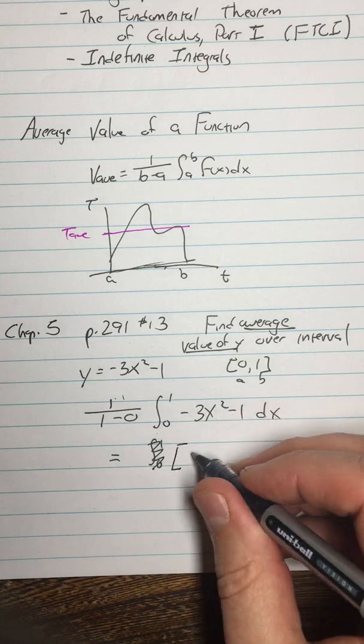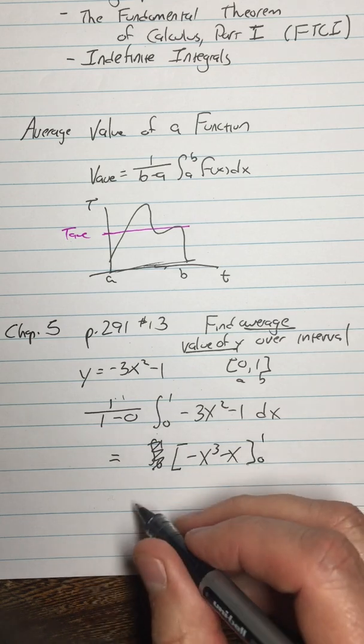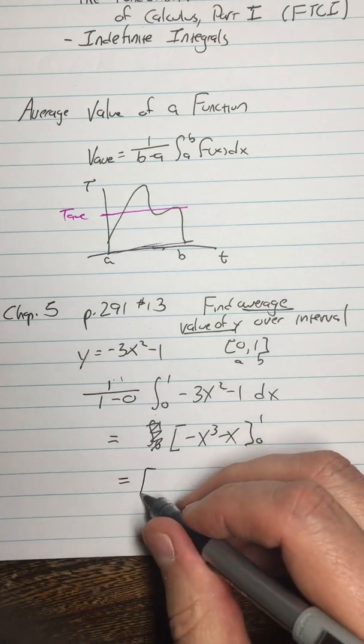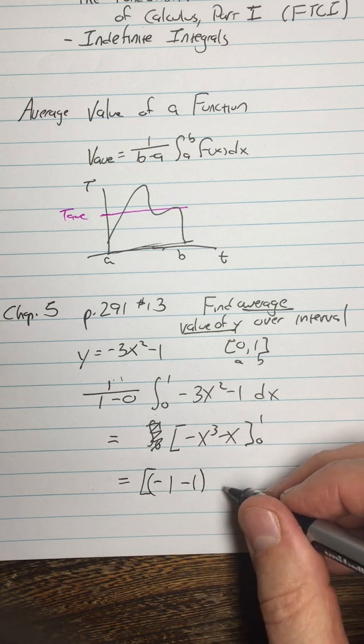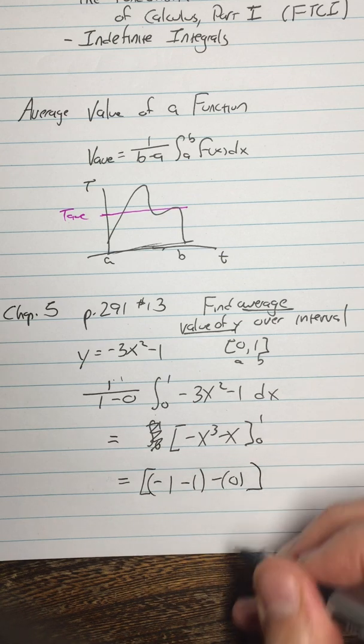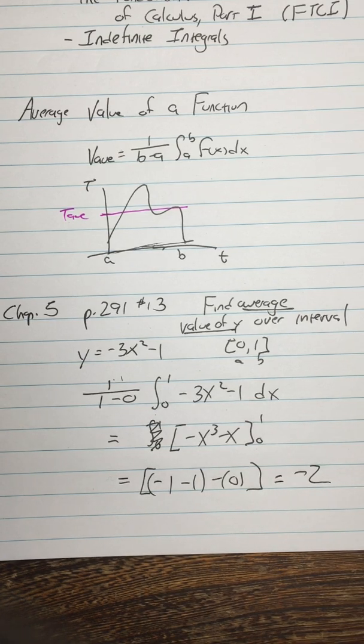So our antiderivative is going to be negative x cubed minus x, right? We're going from 0 to 1. So that equals negative 1 minus 1 minus 0, and so that's negative 2. The average value is negative 2.